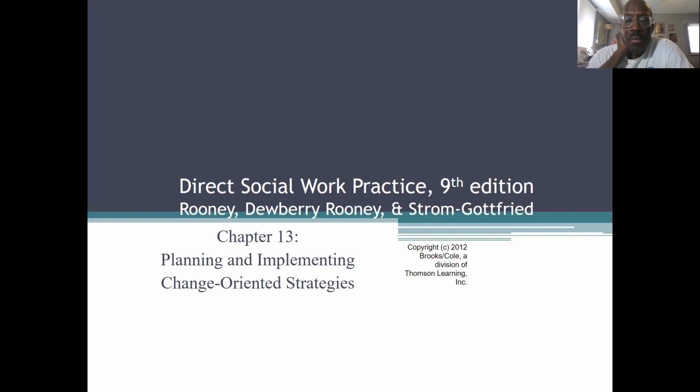But today we're going to talk about the different types of strategies that social workers and other professionals use to actually start to look at how to work with the different groups in terms of some different strategies, some different outcomes. So today we're going to just dig into planning and implementing these change-oriented strategies.